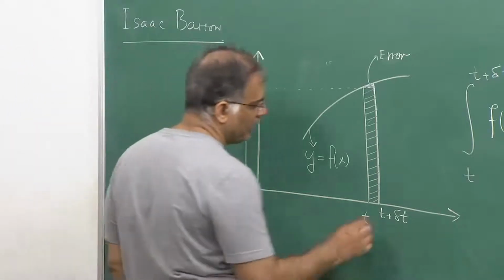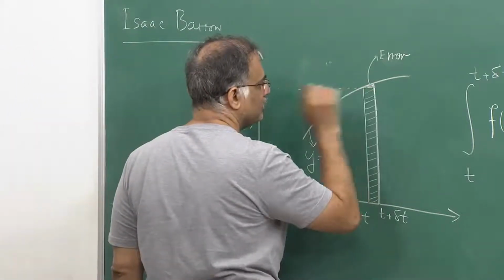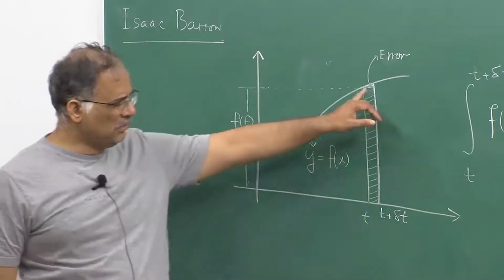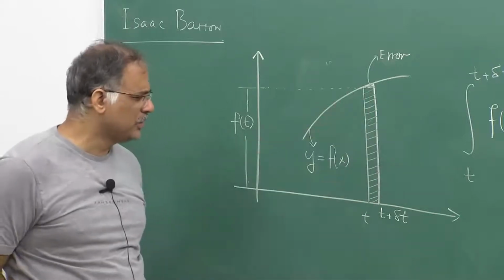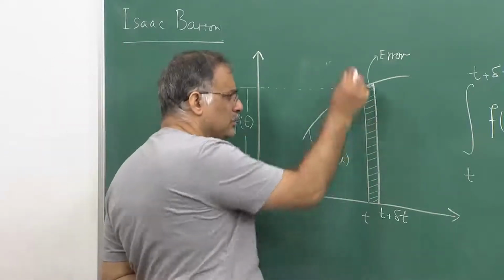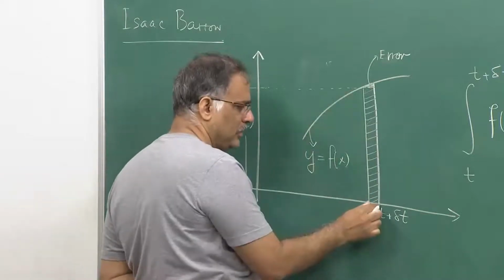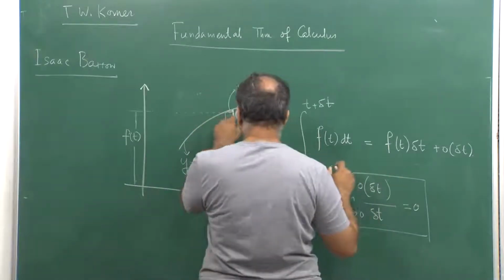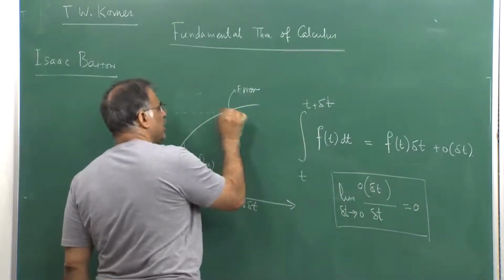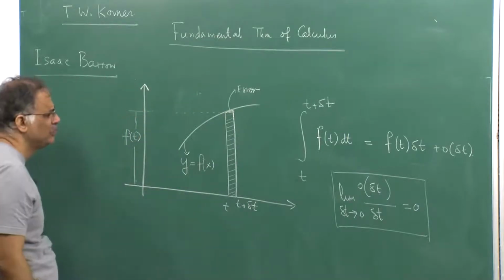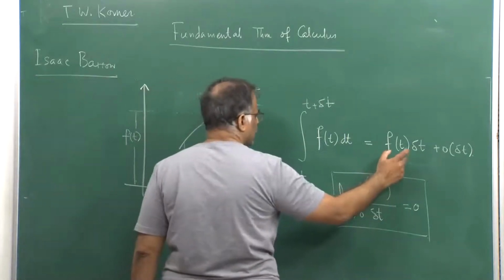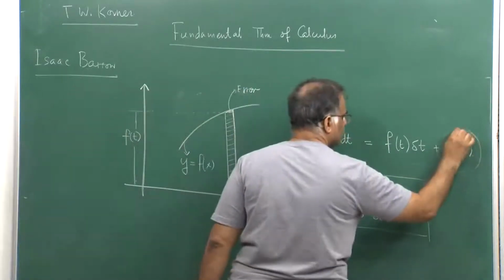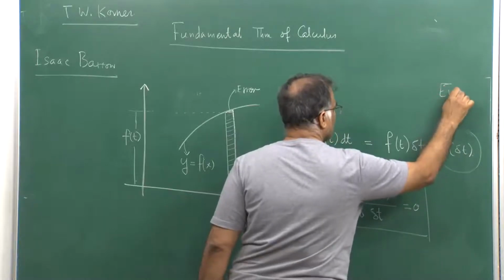So, if I take f(t) and construct the rectangle, the whole area under the curve on this base delta t is nothing but the area of this rectangle, f(t) into delta t, plus this shaded part, the extra part which is not covered. So, this plus this. This is the error term, this is the error.